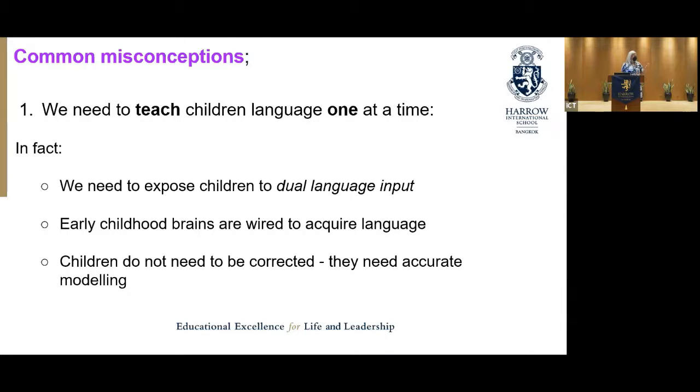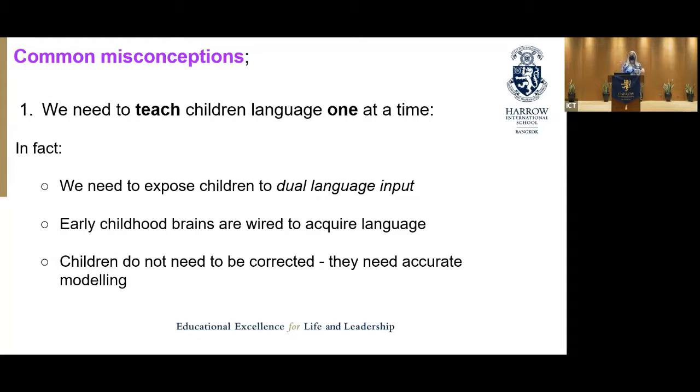So just to sum all of those things up, we need to expose children to dual language input. We don't have to teach it, we just expose them to that language. Early childhood brains are wired to acquire language, and children don't need to be corrected. This is a really important thing.